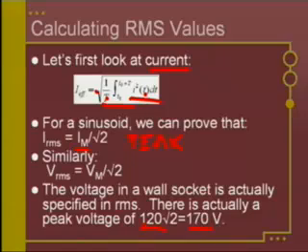And it's important to make sure when you are using RMS values and when you're not. That was one of my biggest problems in power class, figuring out when am I using an RMS value and when am I using a peak value. So make sure you pay attention. Are you using a peak value or an RMS value?